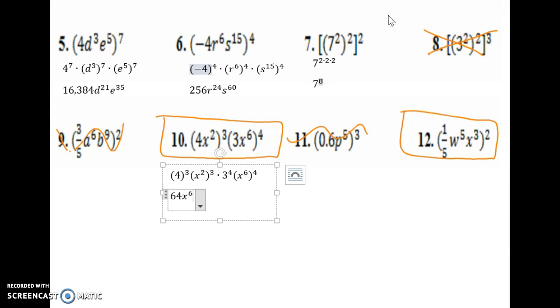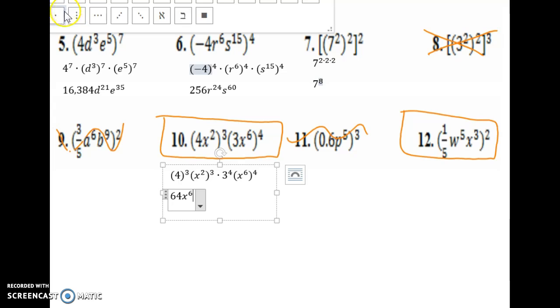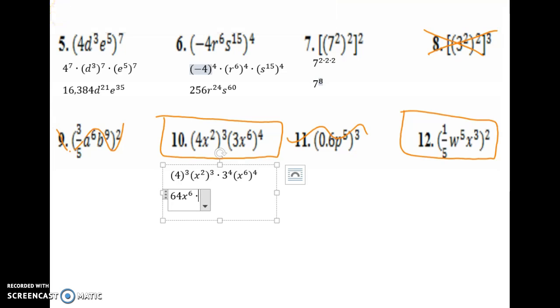And then we're going to multiply that by 3 to the 4th, which is 81. And then x to the 6th to the 4th, which is x to the 6 times 4, which is 24.